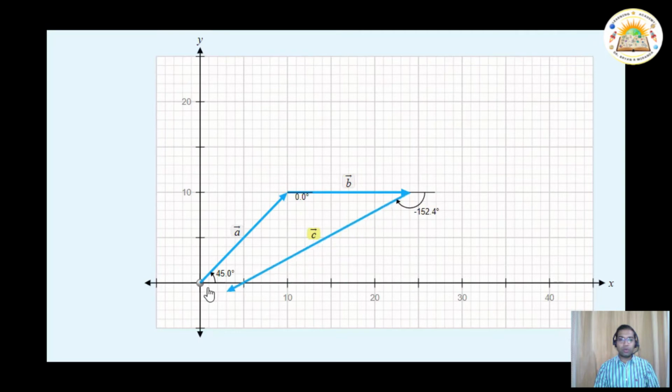If you see, this is going to be our resultant. So A vector and B vector are in the same order, but here the C vector that is there has to be in the opposite order. So it starts from the origin, terminates here. So this is our addition of vectors that are there.